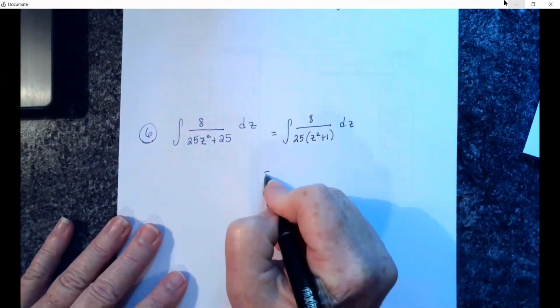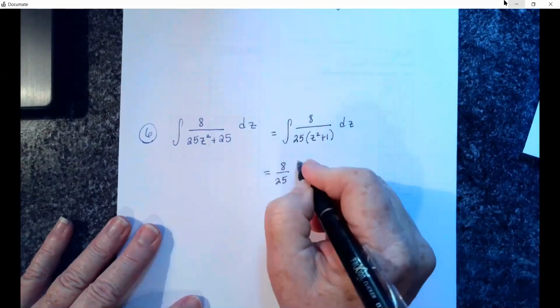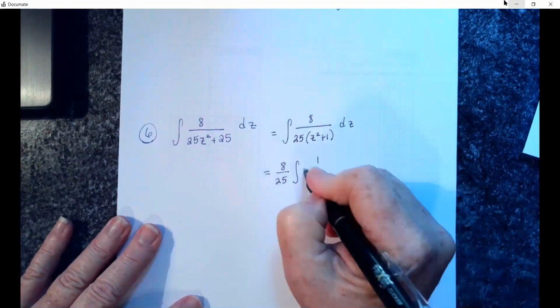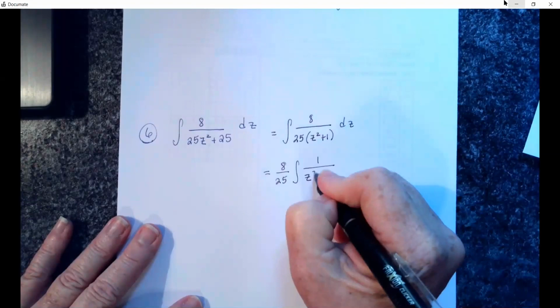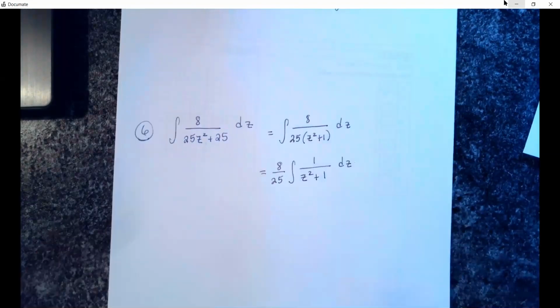So I could factor an 8 over 25 out front, and I would have 1 over z squared plus 1 dz left inside the integral. Does anybody remember whose derivative is 1 over z squared plus 1? And I know this is a big ask because we didn't do a whole lot of these in 5.5.